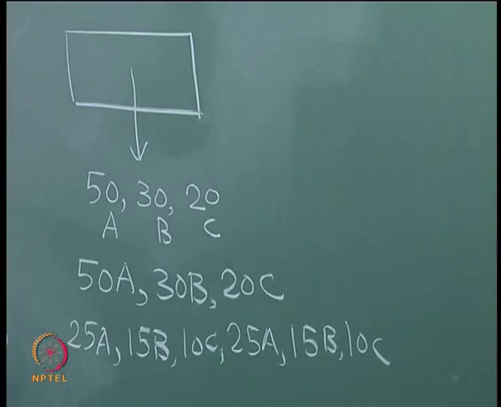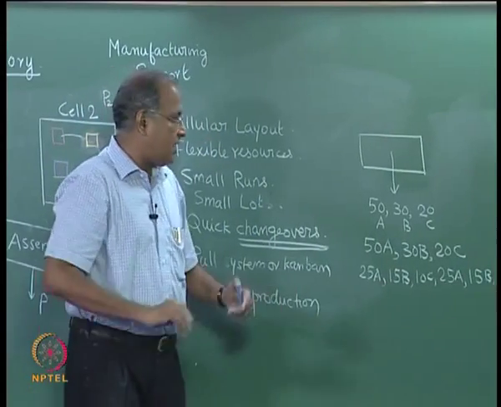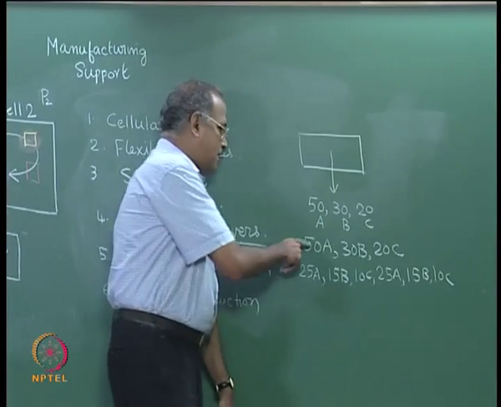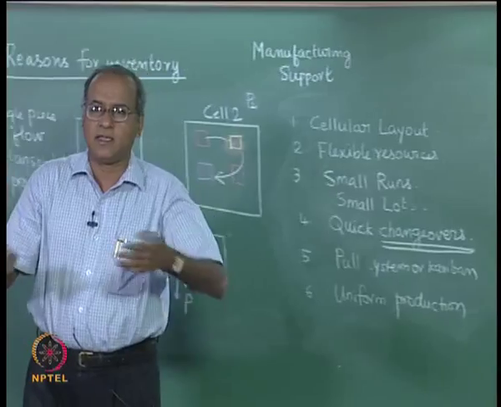Now, this would mean I am making 6 batches. Actually, if my minimum batch size is 5, I can go for 10 plus 6 plus 4, up to 20 batches I can produce.